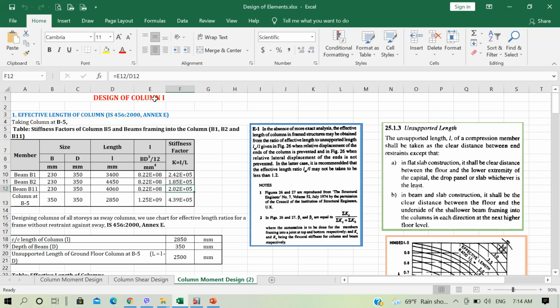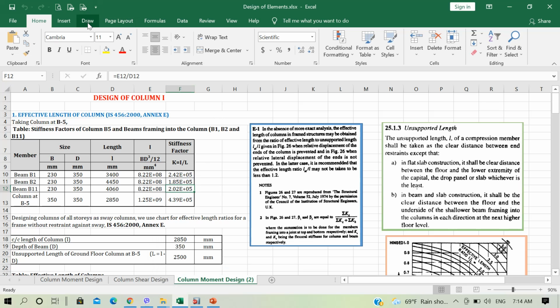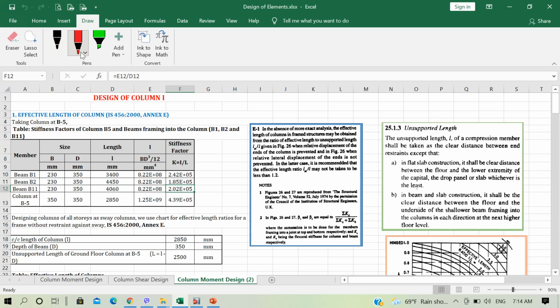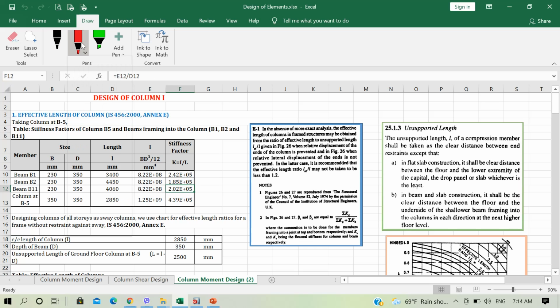And what is the slenderness? What is the formula for slenderness? Our formula for slenderness is effective length of column divided by radius of gyration. This is our formula for slenderness.